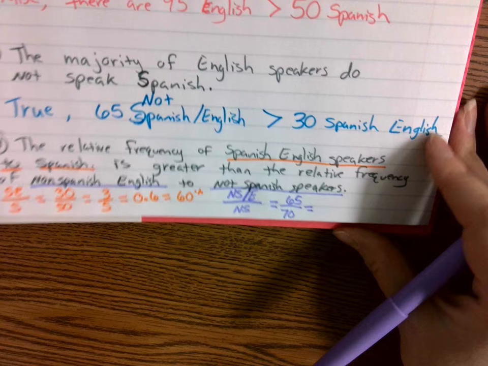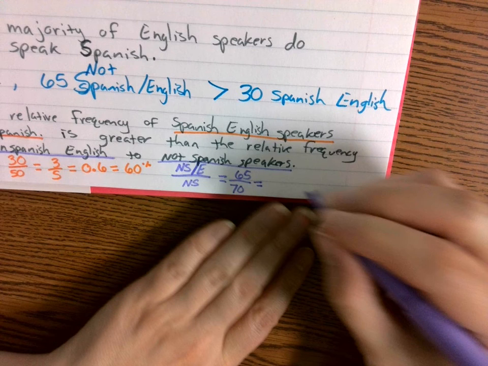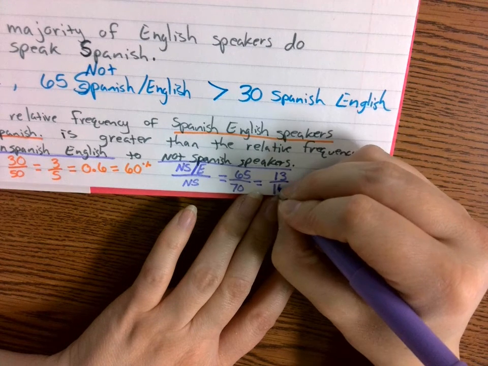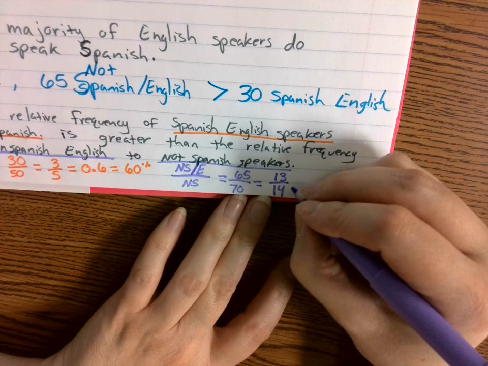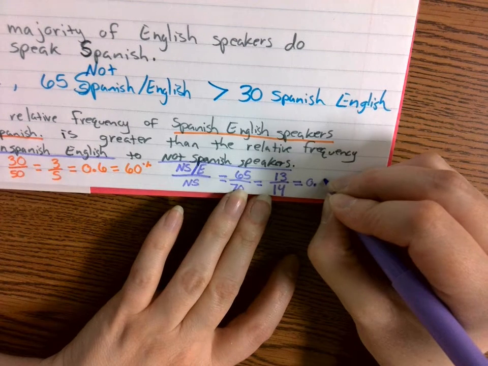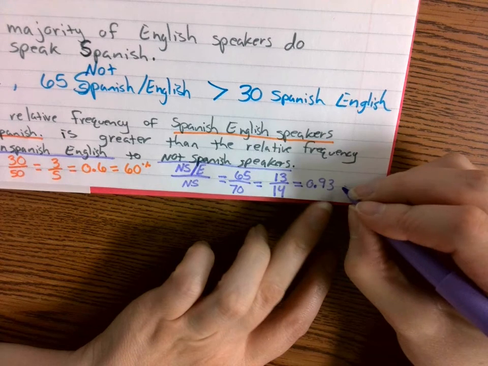So that's going to become 13 out of 14, which comes out to roughly around 0.93 or 93%.